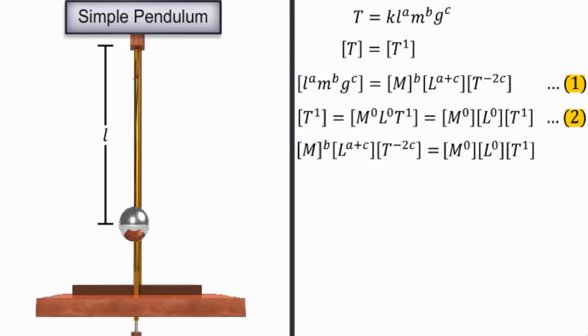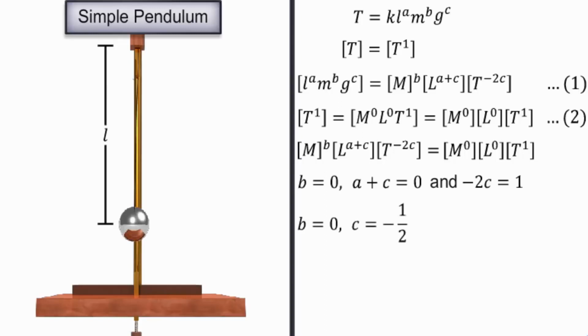Thus, we get b equal to 0, a plus c equal to 0 and minus 2c equal to 1. On simplification, we get the values of b equal to 0, c equal to minus half and a equal to plus half.